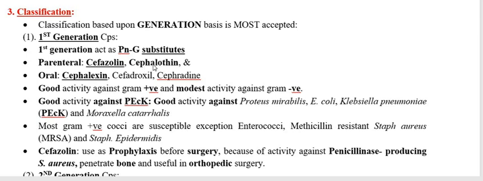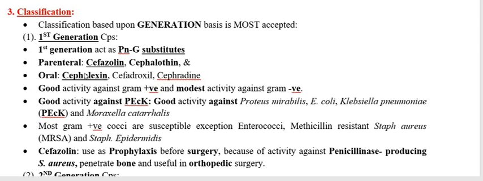So there are three main drugs used for therapy in the first generation: cephalexin, cefazolin, and cephalothin. Cefazolin and cephalothin are for parenteral administration only, both intramuscular and intravenous. However, cephalexin is for oral administration, and cefadroxil is also used.